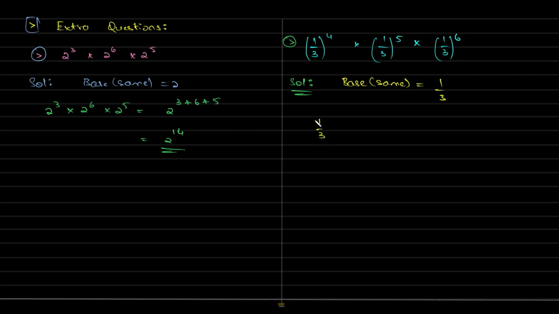So the question will change to, the final answer will be 1 by 3 to the power of 4 plus 5 plus 6, which is nothing but 1 by 3 to the power of 15. Same base and the power is 15. Okay.